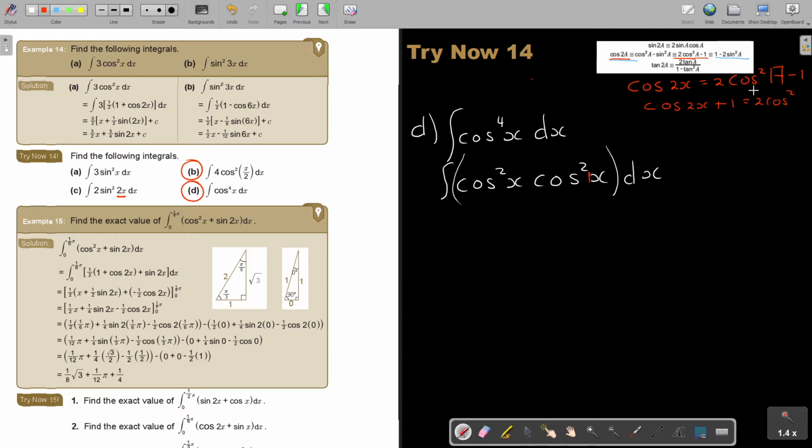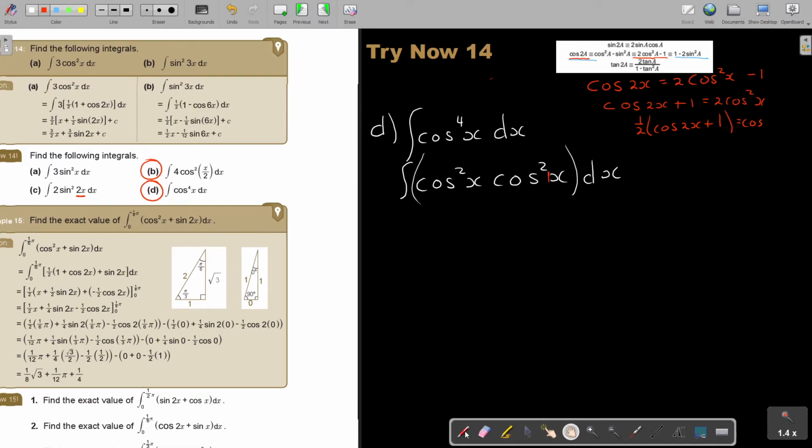Oh, sorry, that must be x. Keep to the same variable. Okay, cos squared x. And then that will be a half, cos 2x plus 1, equals cos squared x.